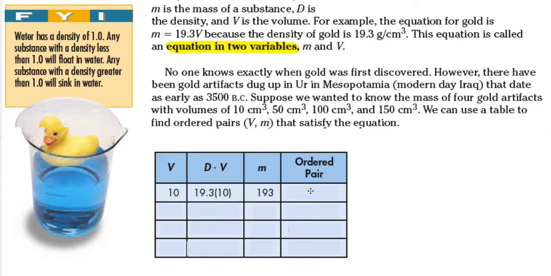Therefore, our ordered pair would be (10, 193). So for every 10 cubic centimeters, there is a mass of 193 grams. Again, if our volume is 50, you use the formula again and get a mass of 965.